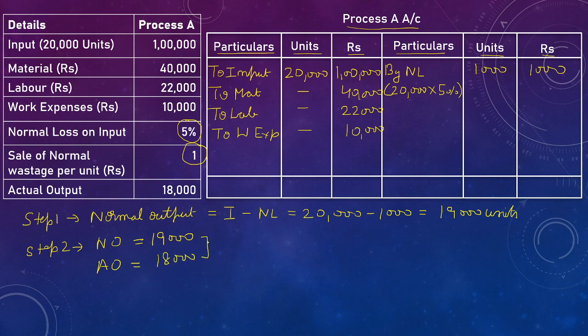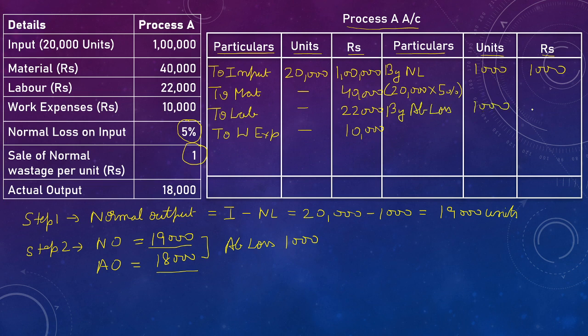So the abnormal loss will occur in this process, and the abnormal loss units are 1,000. So we credit this by abnormal loss 1,000 units.